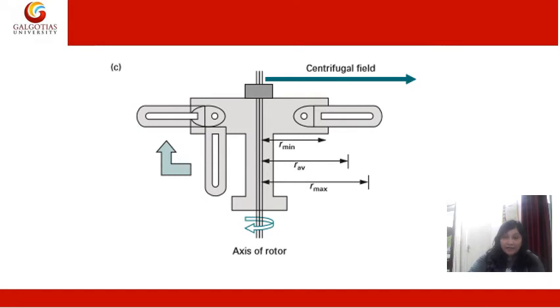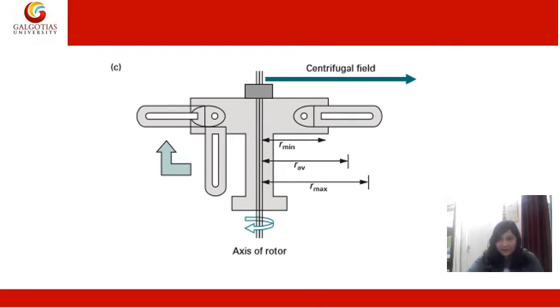The scenario is entirely different from the swing bucket rotor. In the swing bucket rotor, during rotation, the sample tube takes the position at a 90-degree angle to the axis of rotation. The direction of the centrifugal field will be the same as we have learned in the fixed angle rotor and the vertical rotor, but the R minimum will be the distance at the top.